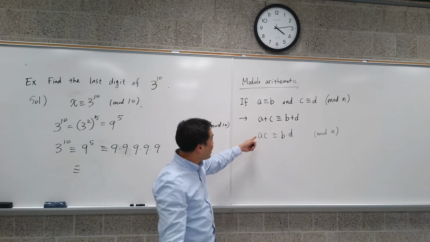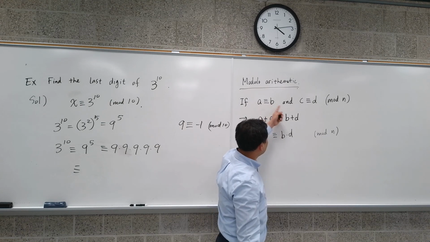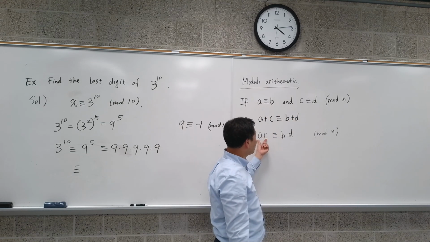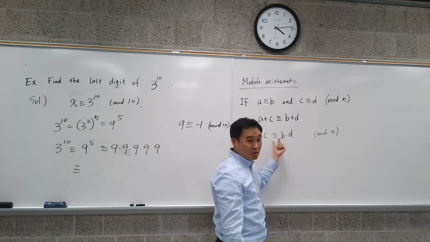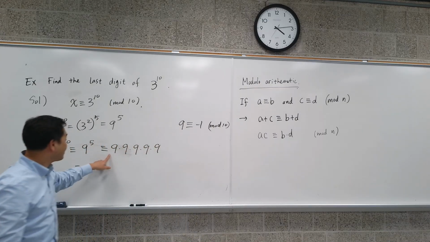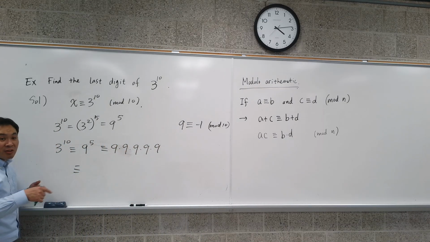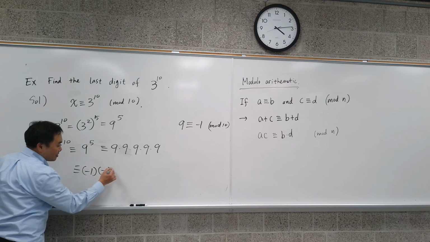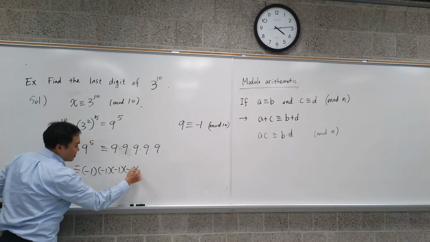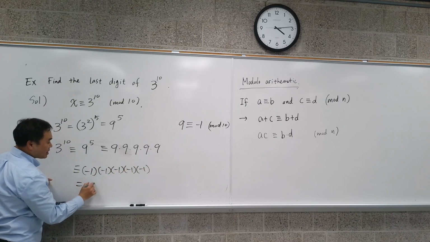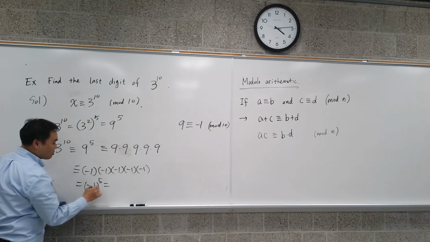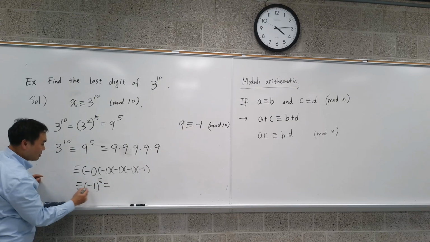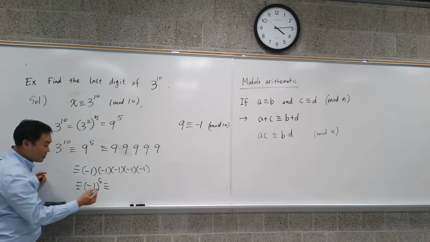But what this is saying is that if you have two things that are congruent, you can replace one by the other. That's what this theorem is saying. So you can replace 9 by another number in its congruence class, which is -1, so it's -1 to the 5th power. Well, -1 to the odd power is what? -1, right?